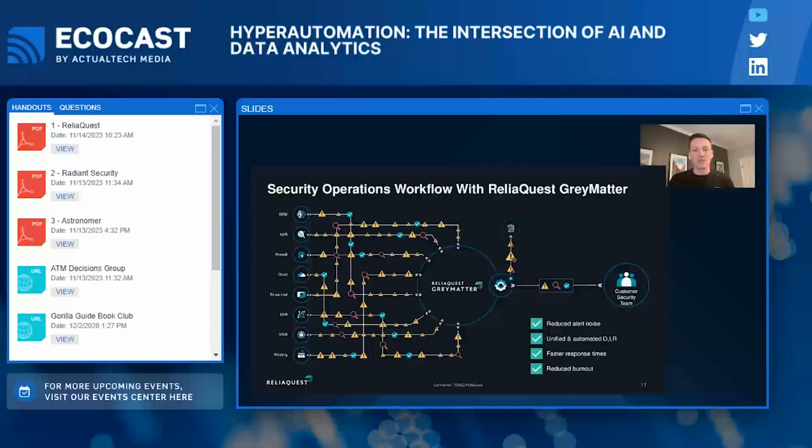And ultimately, that's unifying and automating that full detection, investigation, and response lifecycle for the customer. What that translates to is faster response times, as well as reduced burnout on the customer security teams, as they're only being escalated to the most critical threats, things that we have not already actioned on their behalf, and just notifying them of that in a summary or recap of the incident in question.